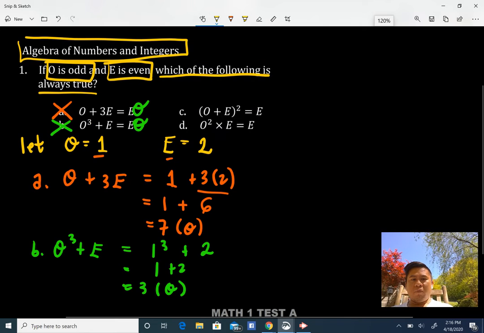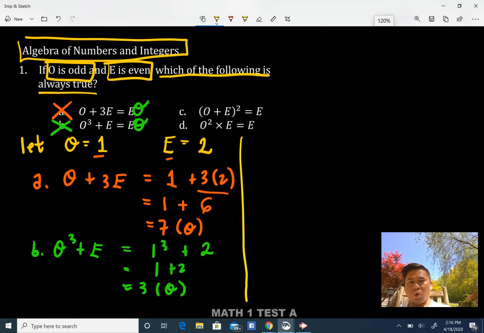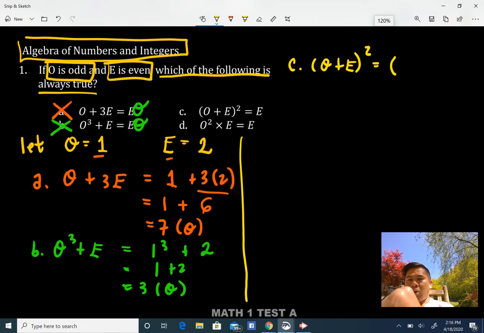Now let's try a different choice. Let's try letter C in this case. It says O plus E squared. So in this case, my O or odd number is 1, my E is 2, and then I'll square that. I have now 3 squared.